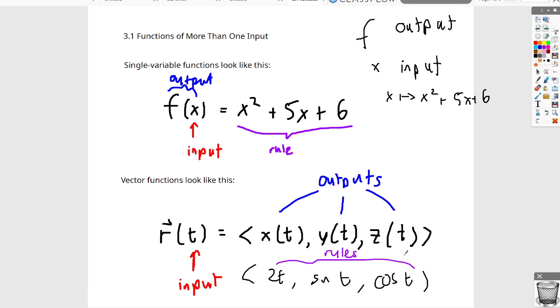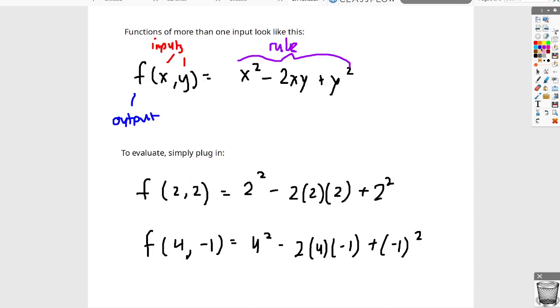X, y, and z are your outputs, and t is your input. So it's three functions depending on one function, right? And usually we just put the r with a vector sign on top to indicate it as a vector function. You should already know this. It's from last chapter.